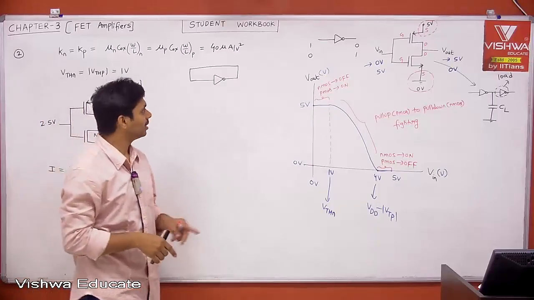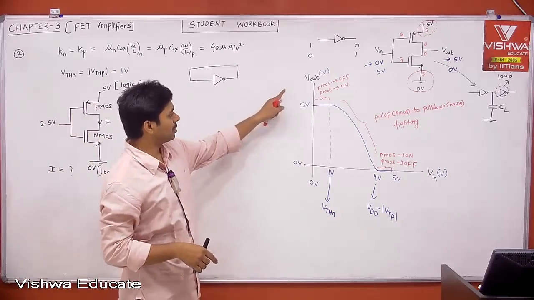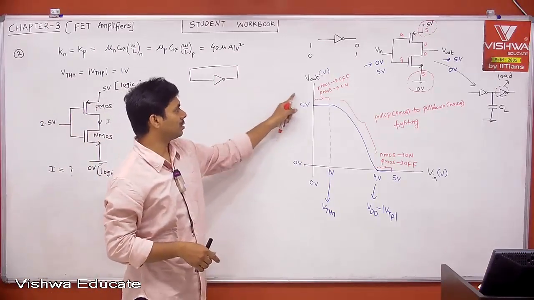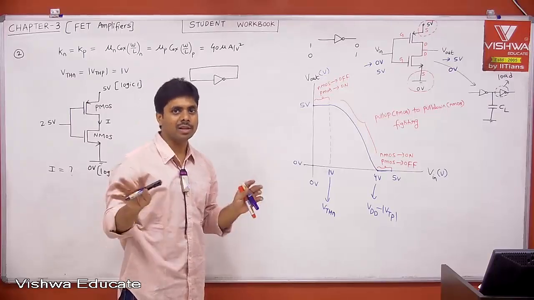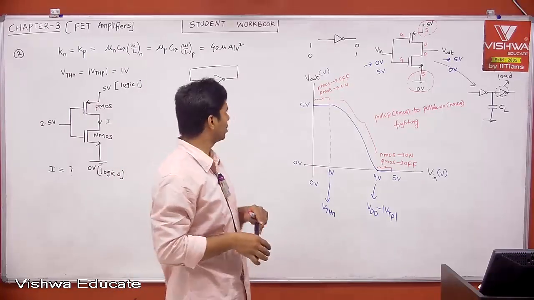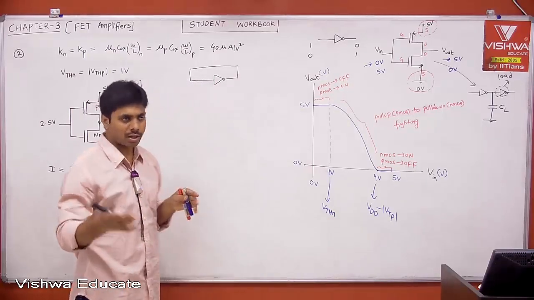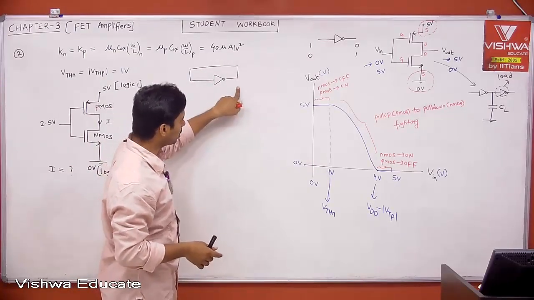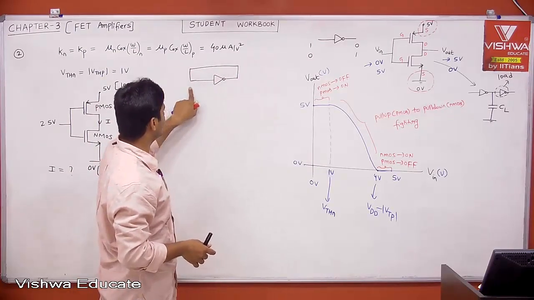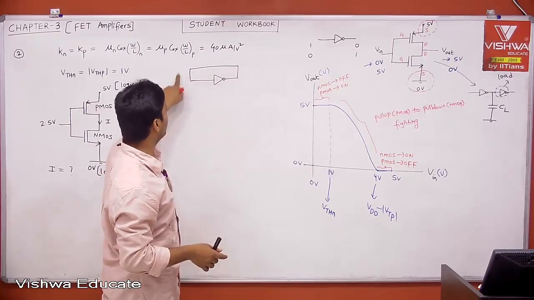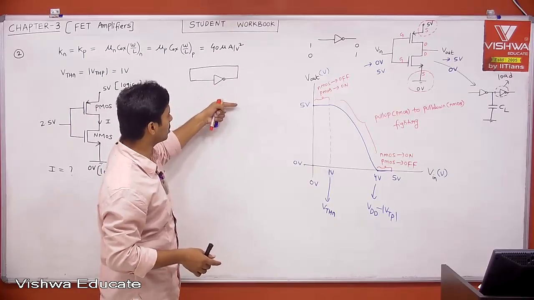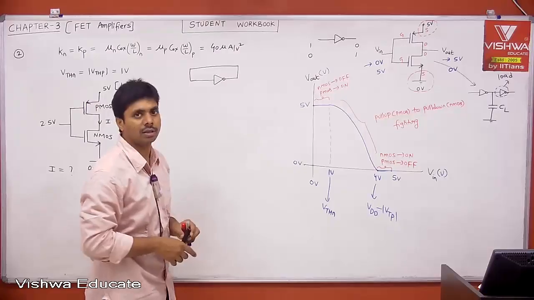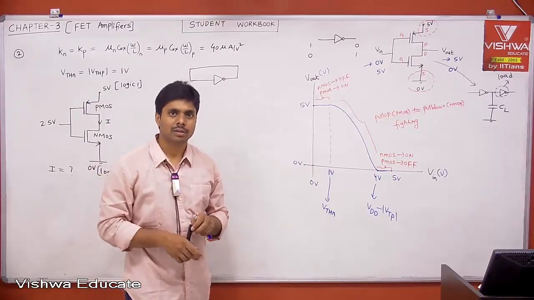Are you saying 1 0 1 0 1 0 or 0 1 0 1 0 1? Everybody agrees? If 0 is given, you will get 1. If you give 1, you will get 0. Therefore, 0 1 0 1 0 1, continuously it is toggling, right?